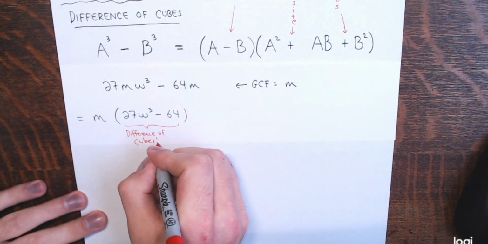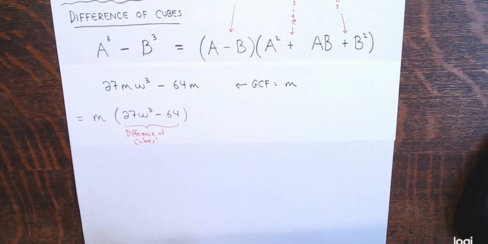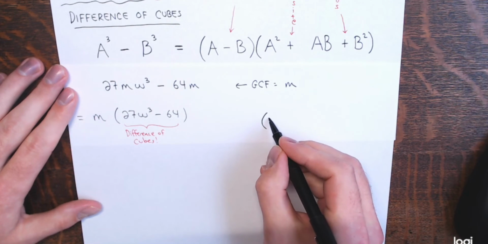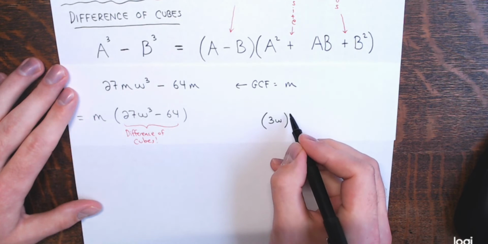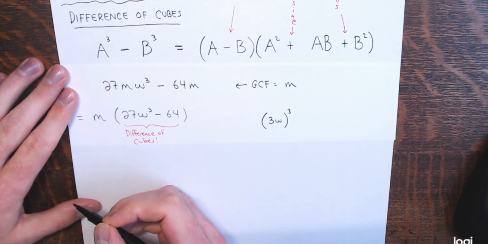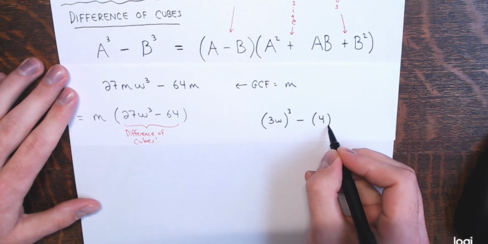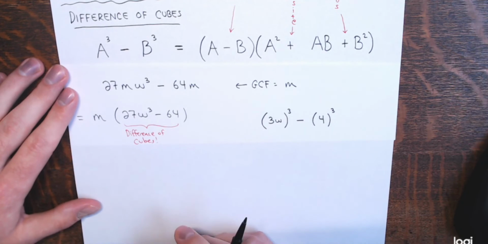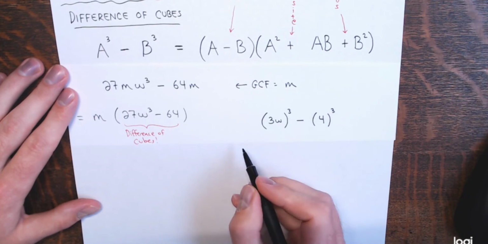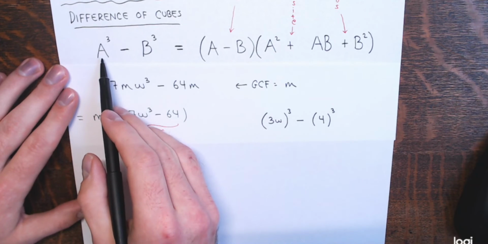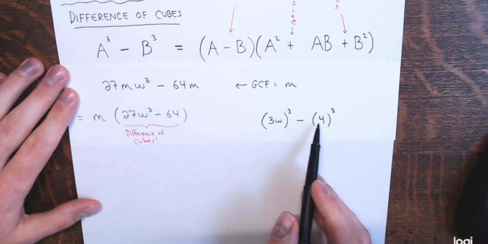All right, and I'll show you off to the side. 27w cubed, that's 3w to the third power. There's how it looks as a cube. Minus, and then 64 is 4 cubed, 4 to the third power. So in my formula up here, the 3w is like the capital A, and 4 is like the capital B, right?